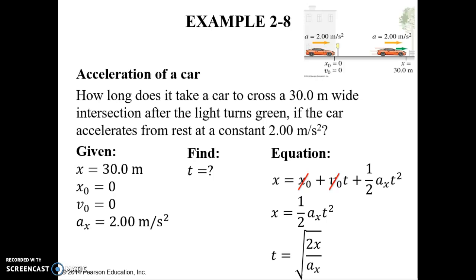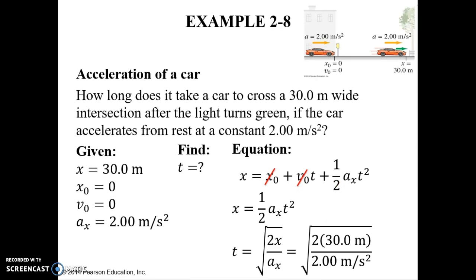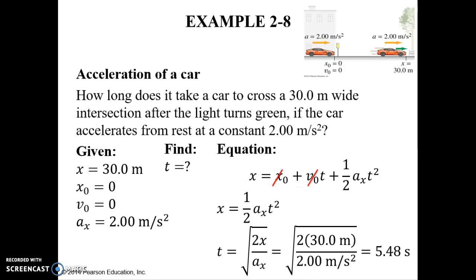Now rearrange the equation so that we can solve for time, which equals the square root of 2x over a. Then, just plug and chug, calculate your answer to get 5.48 seconds. So it takes the car almost 5.5 seconds to cross a 30-meter intersection with an acceleration of 2 meters per second squared if it starts from rest.